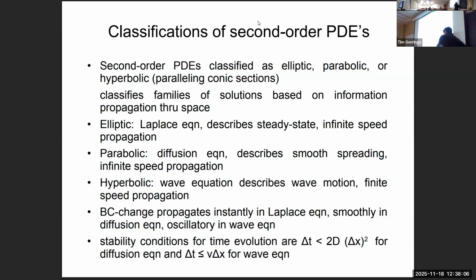I wrote down here, for these two equations that involve both space and time coordinates, the diffusion equation and the wave equation, some statements about the stability of numerical solutions. For a stable numerical solution, these are the two conditions. This is for the diffusion equation, and this is for the wave equation.